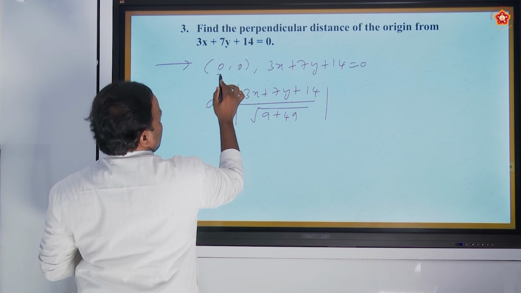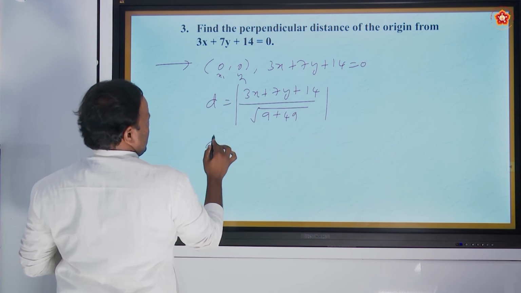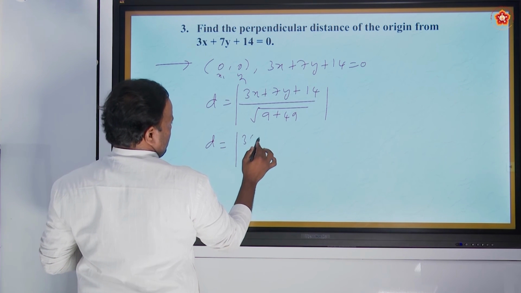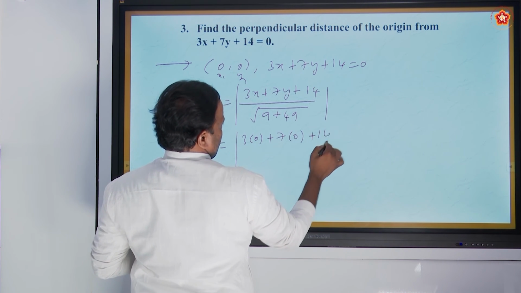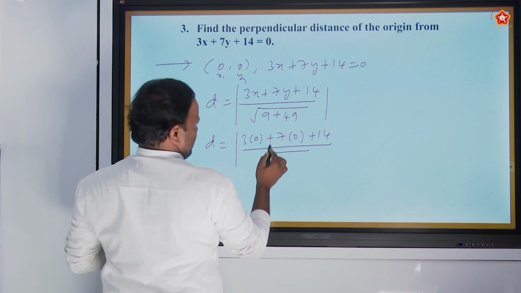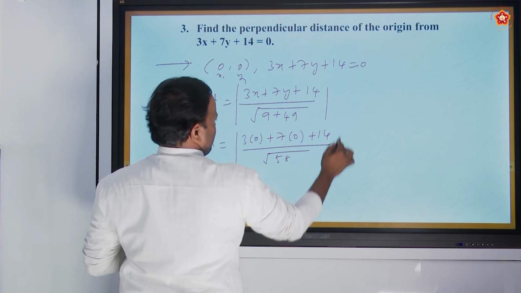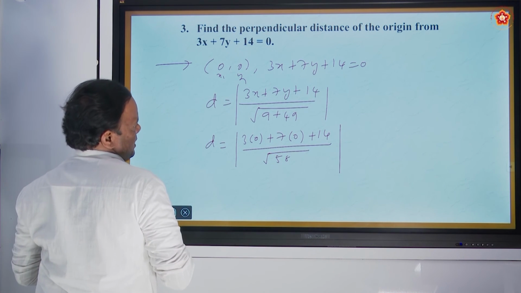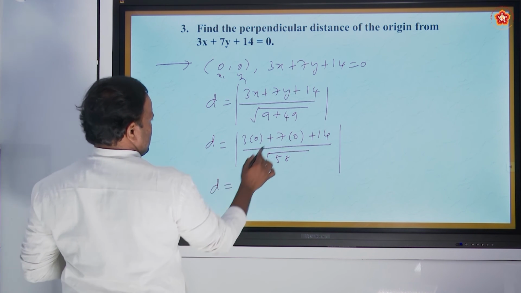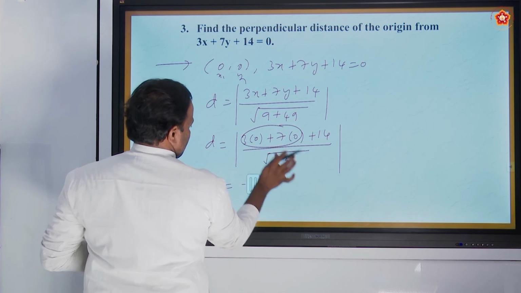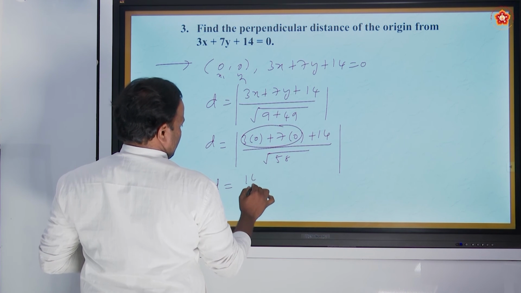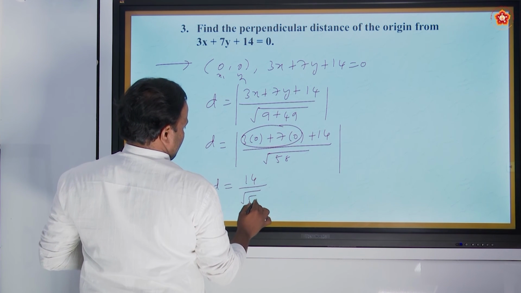Put x equal to 0 and y equal to 0 here. What happened? d equals (3 into 0 plus 7 into 0 plus 14) divided by root of 58, correct? 49 plus 9 is 58. So this totally becomes 0, and the remaining is 14 divided by root of 58.